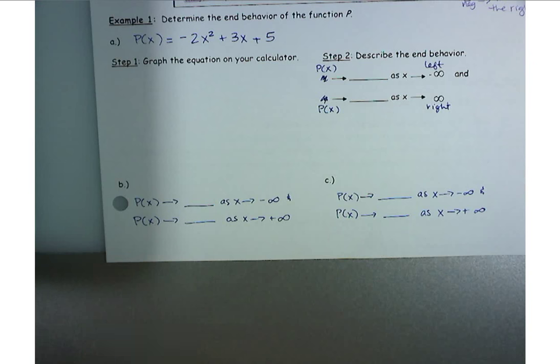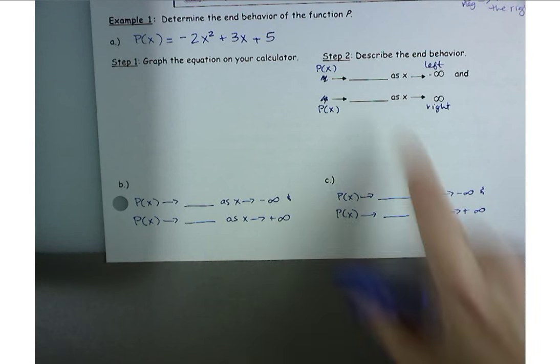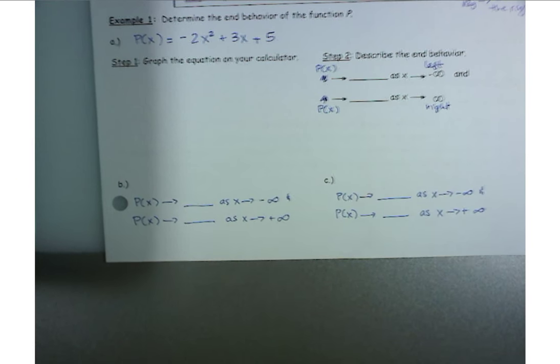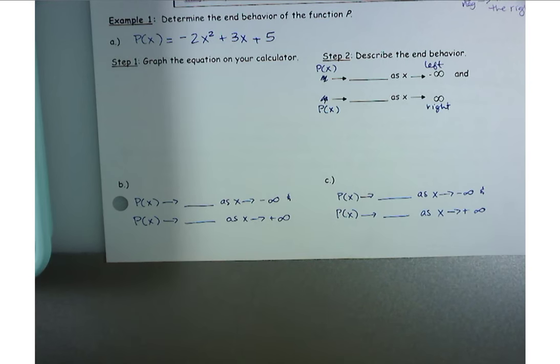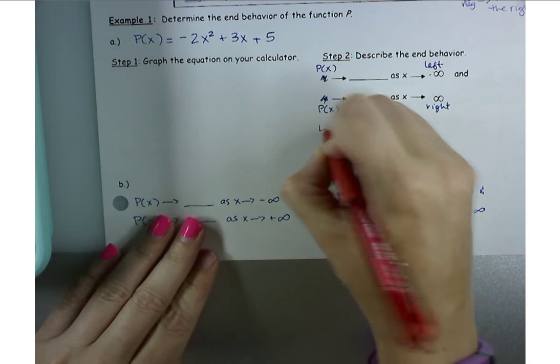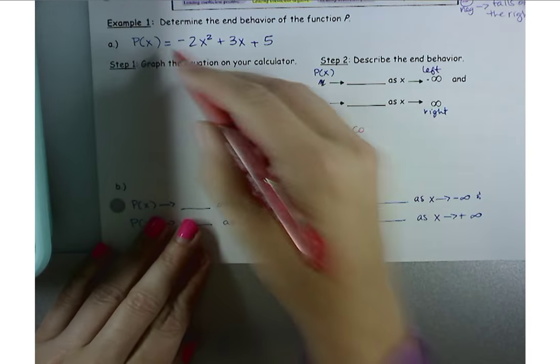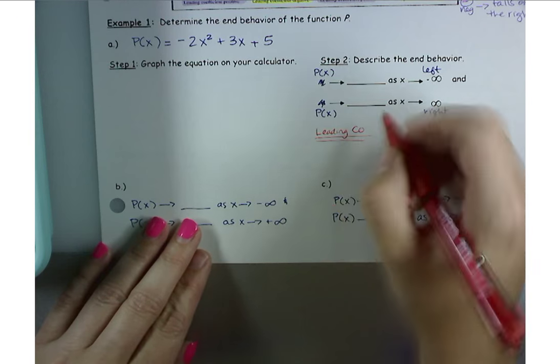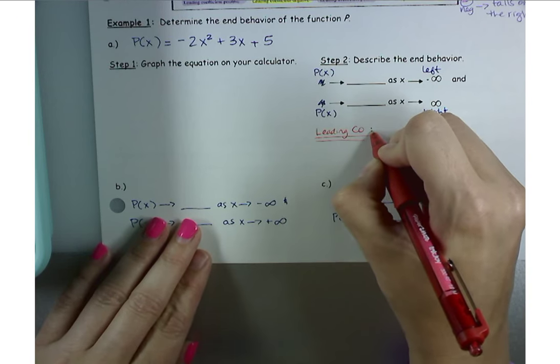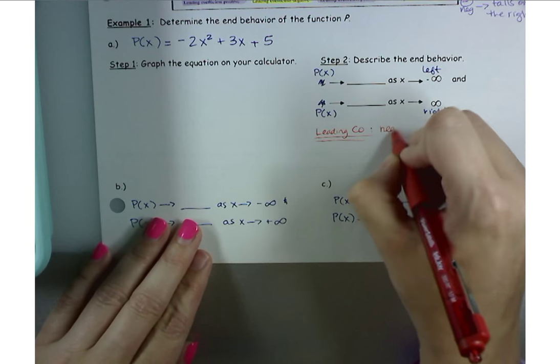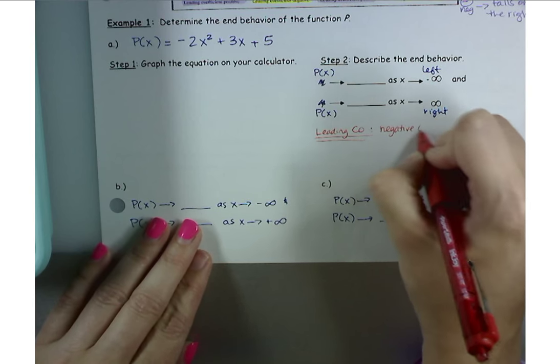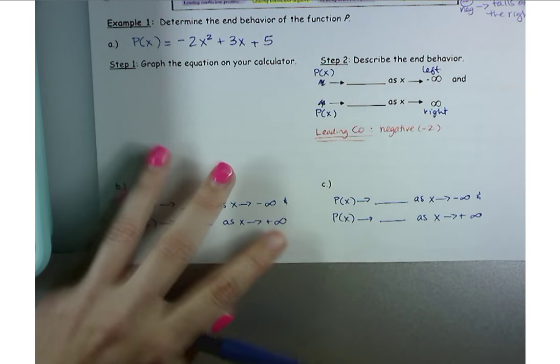Alright, so let's talk about this. The first thing I would want to do is find the leading coefficient and the degree. Okay, so the leading coefficient, Max, what is the leading coefficient for A? Okay, good. So our leading coefficient is negative. Okay, and then Max, what does that mean?